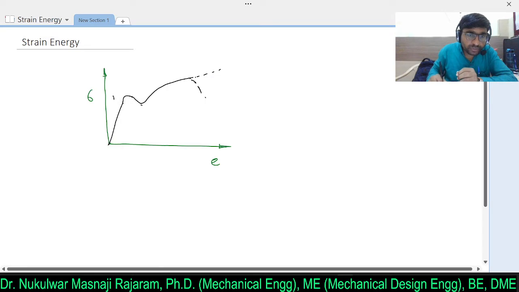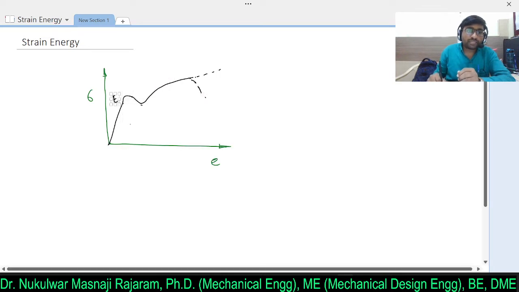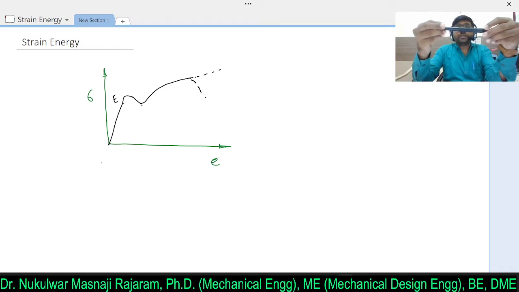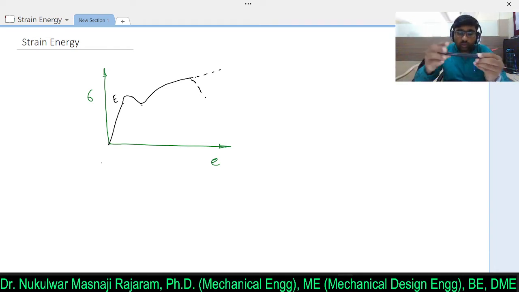If I consider this point as the E point, when you release the load at this particular point, then as we know, the entire body will regain its original shape and size. However, when you stress any material, you are applying some external work done on this object. Energy is neither created nor destroyed, it transfers from one form to another.